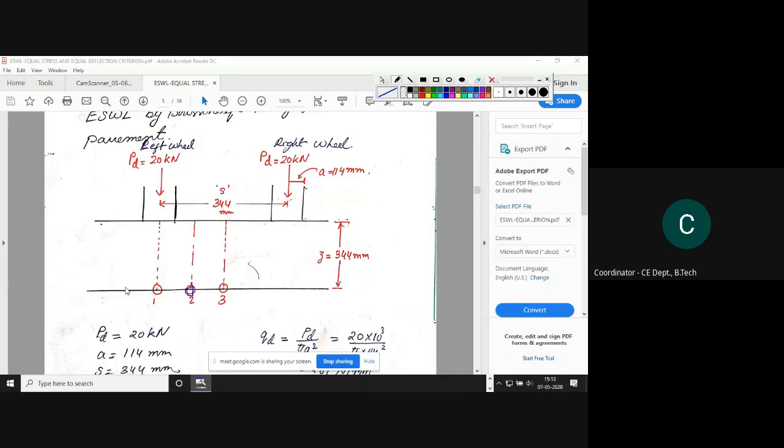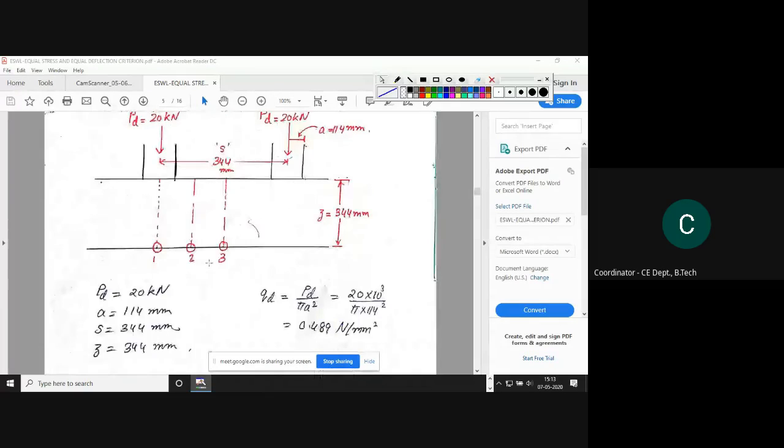Suppose they give a point in this region, so they will give you this R value, and that time you have to find it in that way only. But here, since they have not given anything, we must consider the critical points only, where maximum stress will be generated at any of these three.